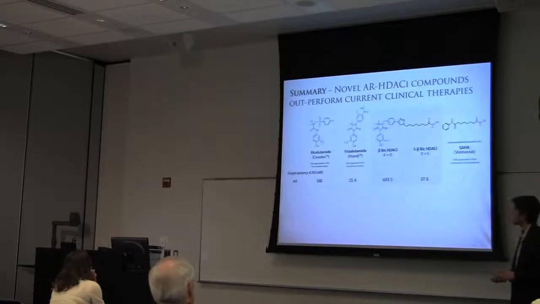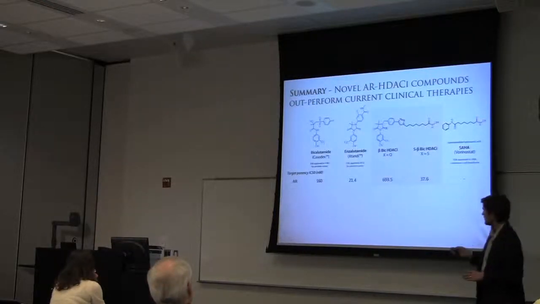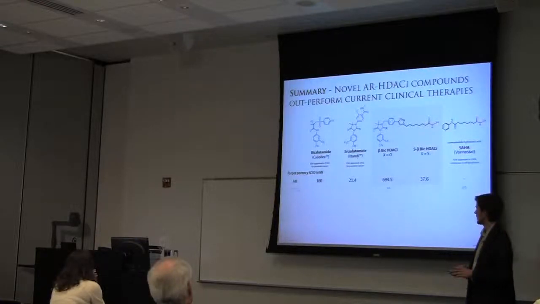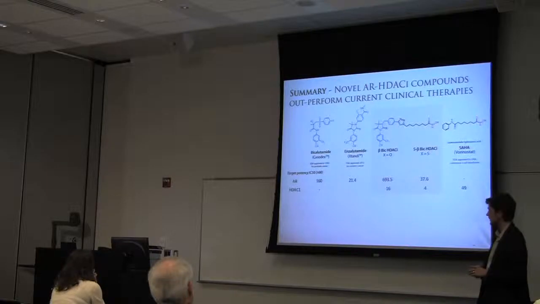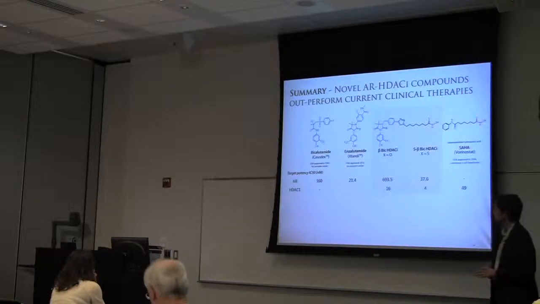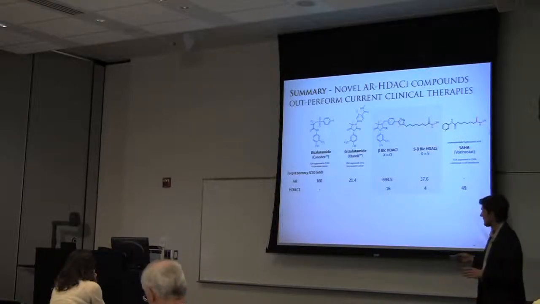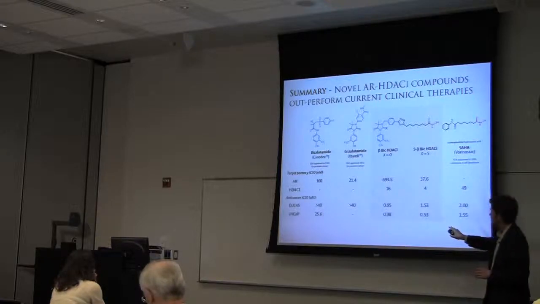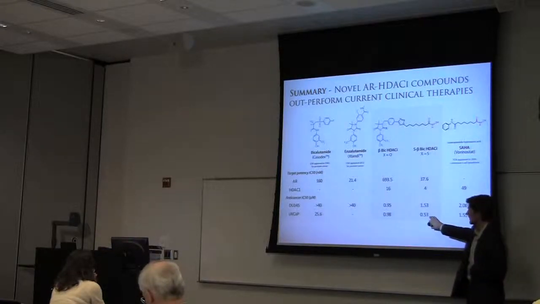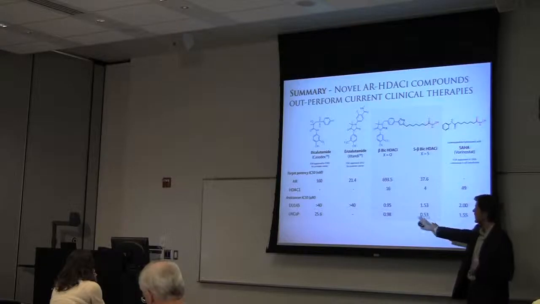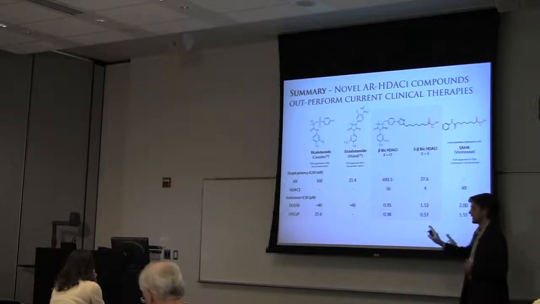But what's most exciting is not just its in vitro efficacy against the androgen receptor and histone deacetylase, but what's most interesting to us is that if you look at these molecules against prostate cancers, they're able to do something that neither of the two classes independently could do.